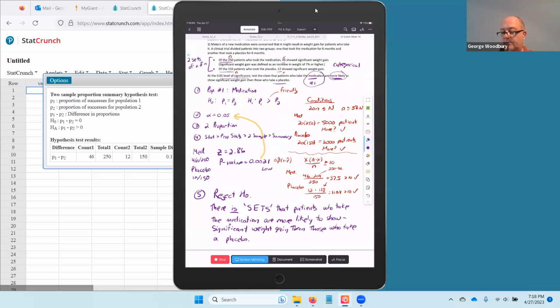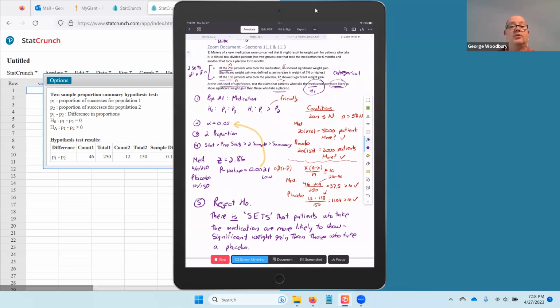So in this problem, we had the strong decision, reject H0, which means we have the strong conclusion, there is enough evidence to support this. That means that we're saying that, yes, people that take this medication are more likely to show weight gain than people who don't. So that's saying that the medication causes weight gain, because this was a random experiment.